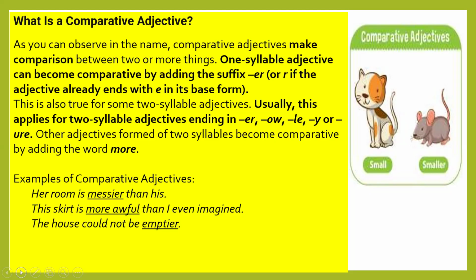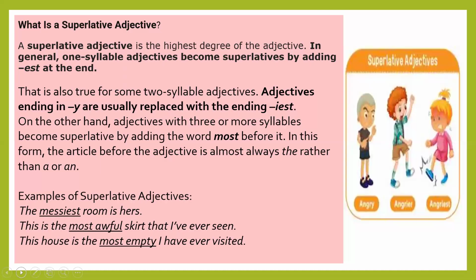Here we are using more. The house could not be emptier. Emptier is a comparative adjective: we remove the y from empty and add ier. So that is the comparative adjective.